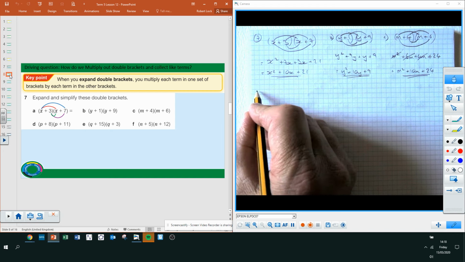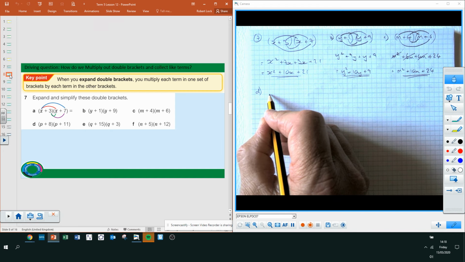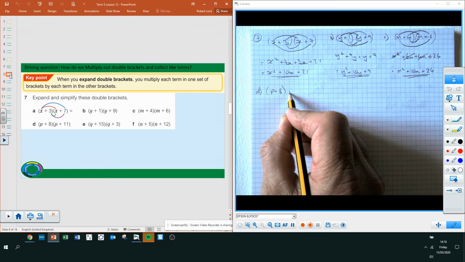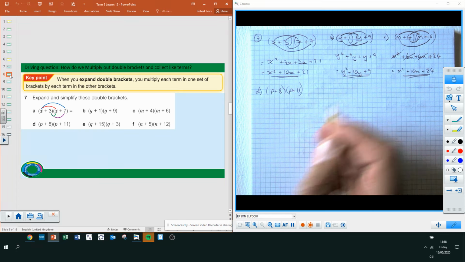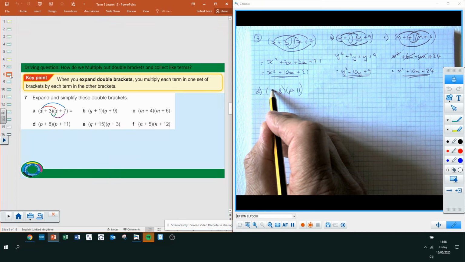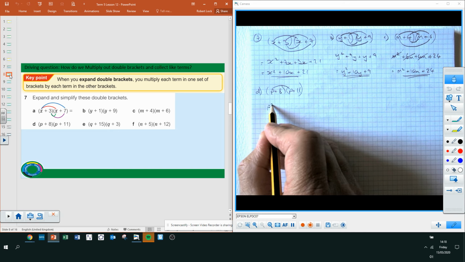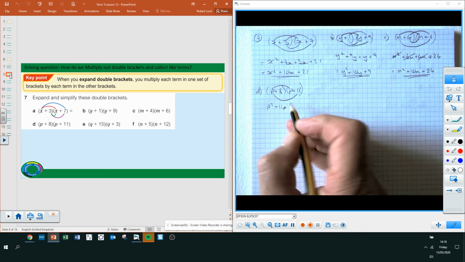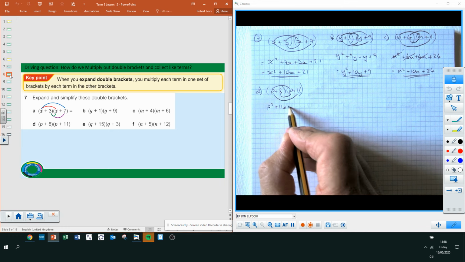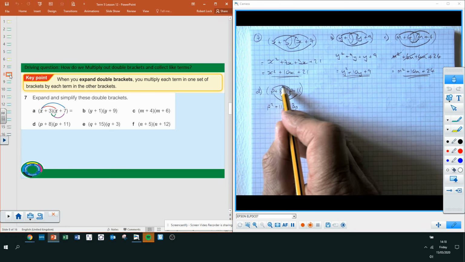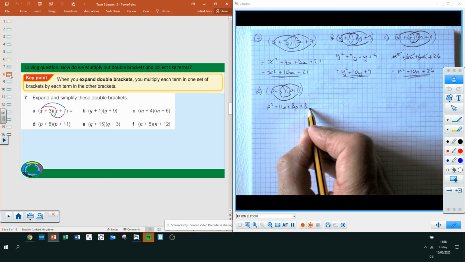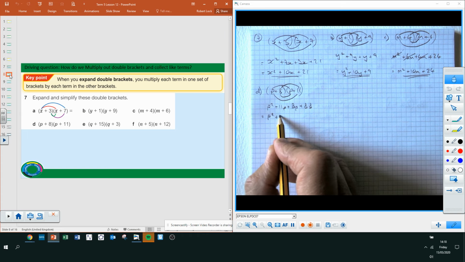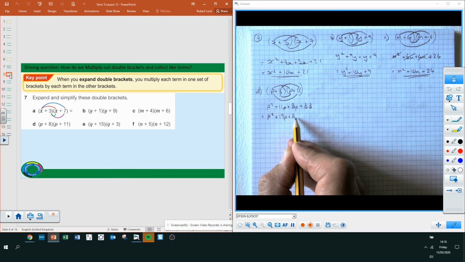D. P plus 8, p plus 11. Again, p times p, p squared. P times 11, 11p. 8 times p plus 8p, and 8 times 11, 88. P squared plus 19p plus 88.